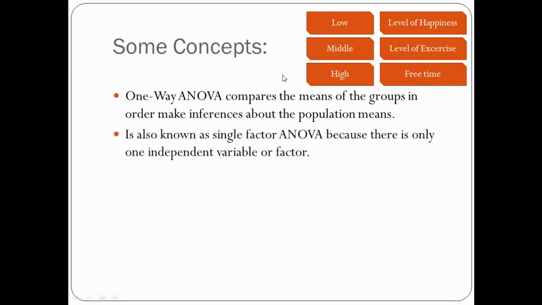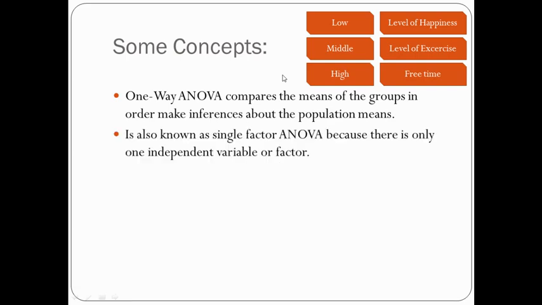Concept number 2, ANOVA is also known as a single factor ANOVA. Why? Because there's only one independent variable or one factor. So let me deconstruct this concept for you. What we mean by a single factor ANOVA.